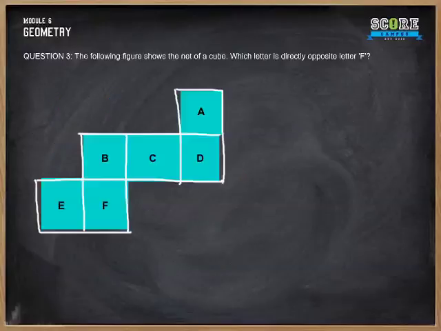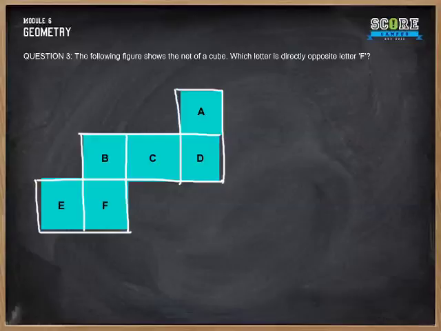Question 3, students, last question of this lesson. The following figure shows the net of a cube. Which letter is directly opposite the letter F? Okay, now for this to happen, there are 2 ways to do it. We can reason it out or we can fold the net. Let's do it both ways. In a cube, 2 faces that are directly opposite cannot share an edge.